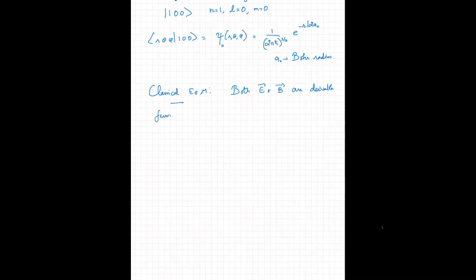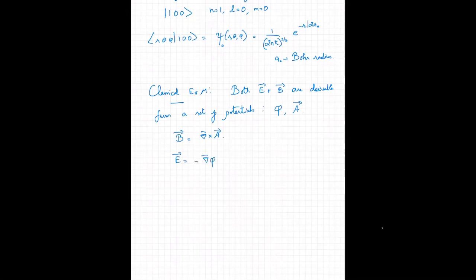The scalar potential phi and the vector potential A. Specifically, I know that I can express the magnetic field as the curl of the magnetic vector potential, and I can express the electric field as the gradient of the scalar potential.